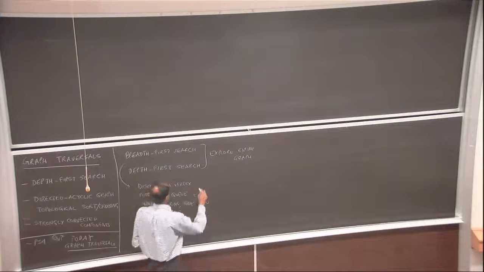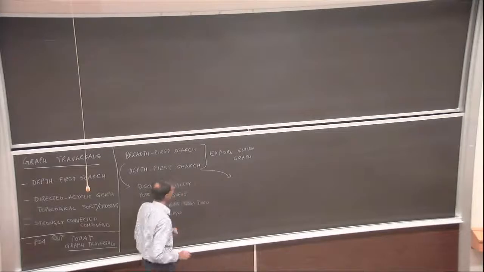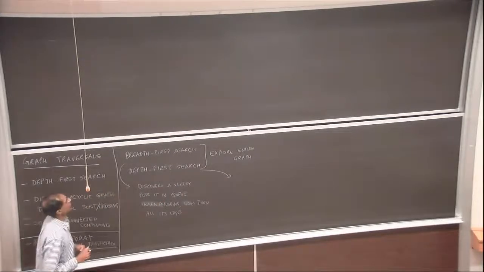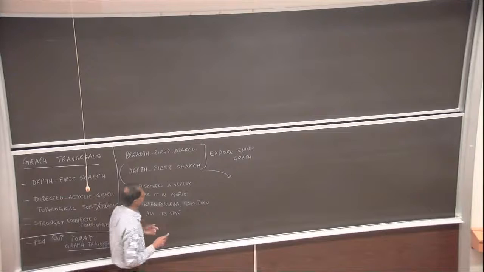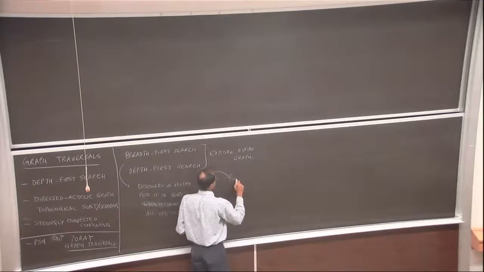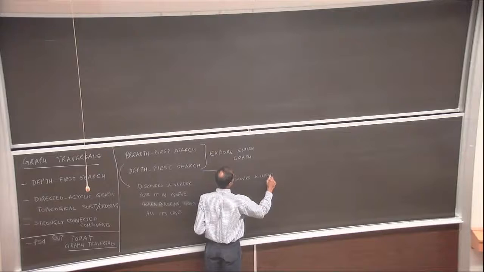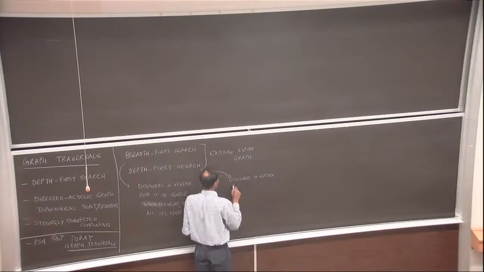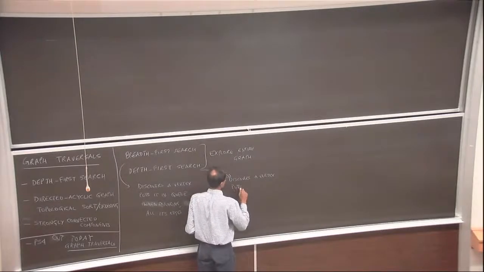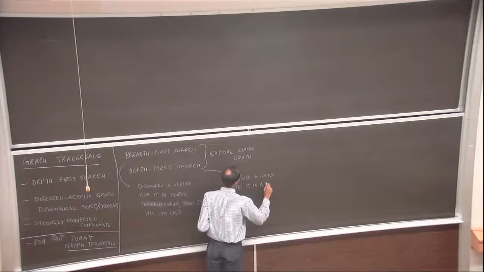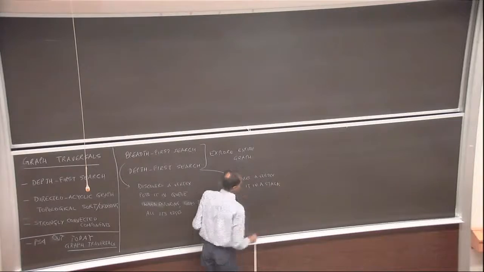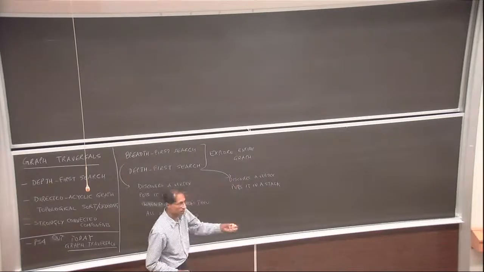Depth first search, on the other hand, discovers the vertex, and when it discovers the vertex, it puts it in a stack, so that the next one to visit is the vertex that you've just discovered.